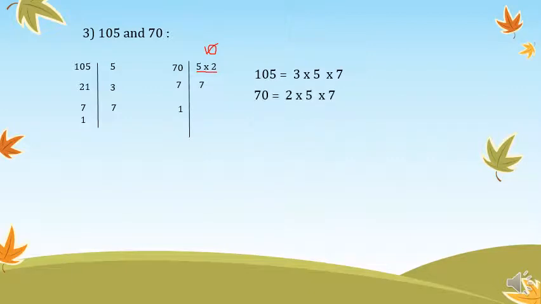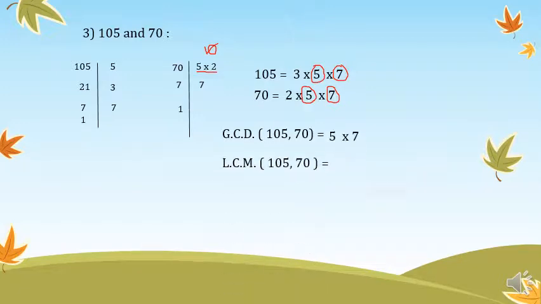Now let's find their GCD and LCM. First, we circle the common factors, 5 and 5, 7 and 7. For the GCD, I take the least exponent. They are the same, so I take one 5 and one 7.